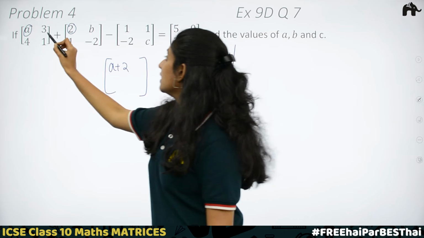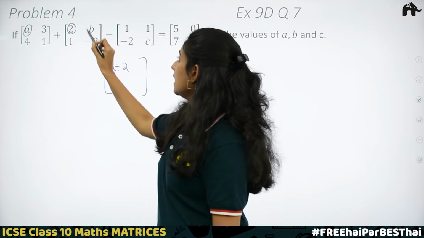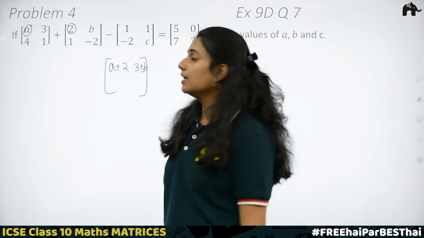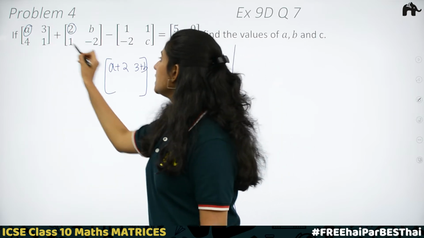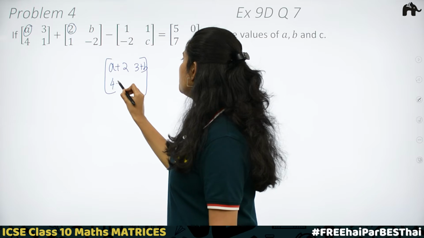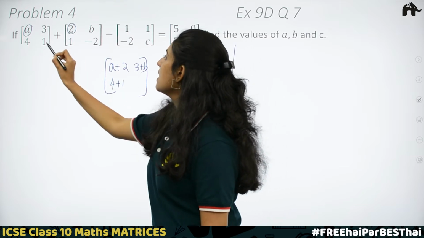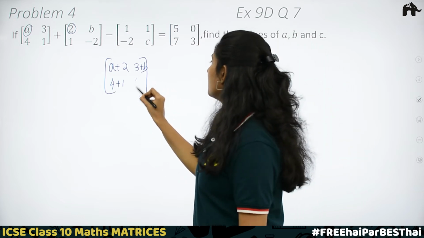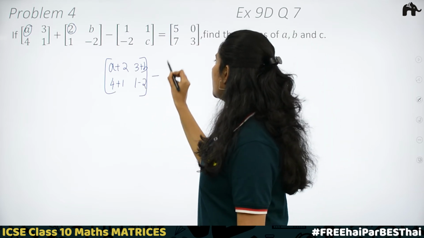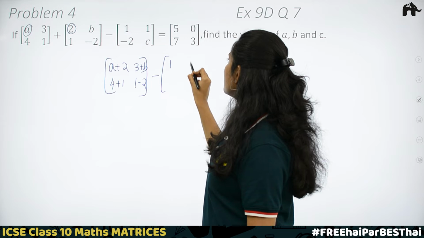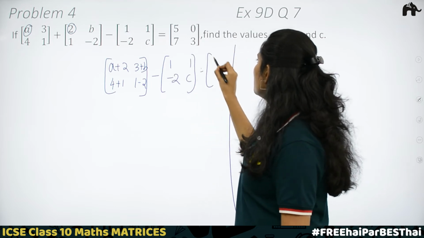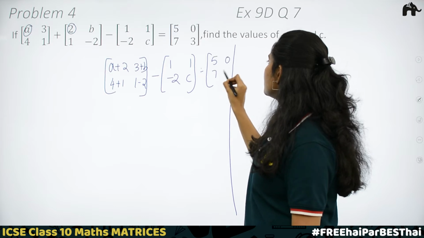Second element, here it is 3 and here it is B. 3 plus B. Third element 4 plus 1. 4 plus 1. Fourth element 1 plus minus 2, that is 1 minus 2. 1 minus 2. Subtracting 1 minus 2 C will give us 5 0 7 3.